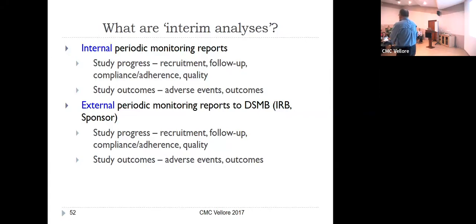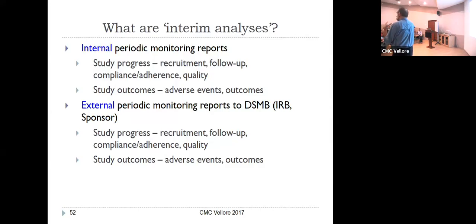Just to be careful with the words unblinded or blinded: the participant may be blinded to what they're getting. The investigator, or treating doctor, may be blinded to what a person is getting. That's the individual blinding.